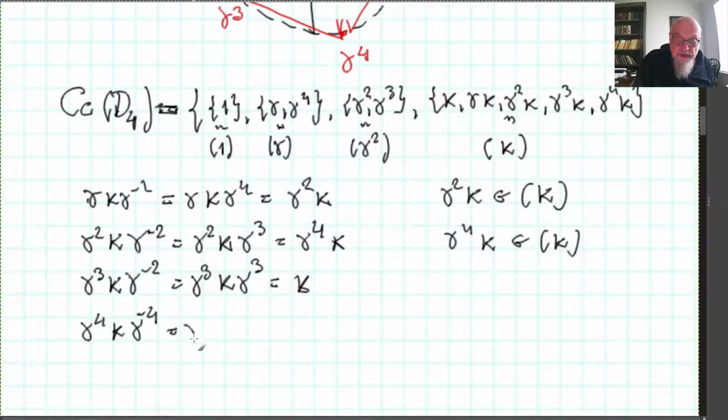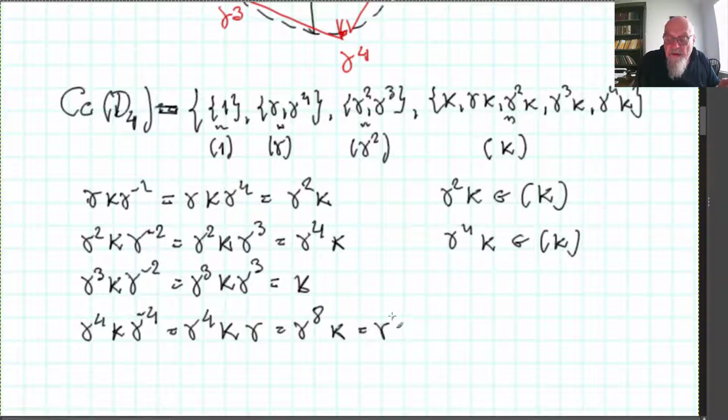This one is gamma 4, and this is kappa, this is gamma 8 kappa. And what is gamma 8? Gamma 8 is gamma cube kappa. I am not so sure that this one is correct. Let me check it. Oh yes, this is minus 3. Sorry, this is minus 3.